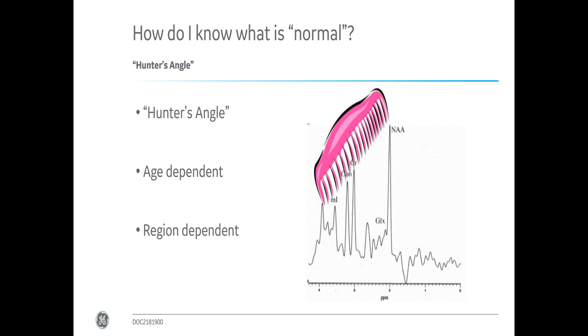And these caveats are that this 45-degree angle, at first, it's just for short echo time spectra, so it's not for all spectra that you see depending on the protocol. It is age-dependent, so we know that in children it is nearly inverse.